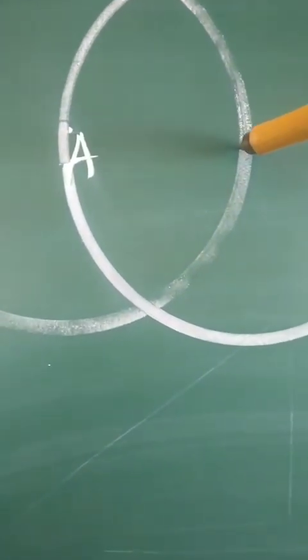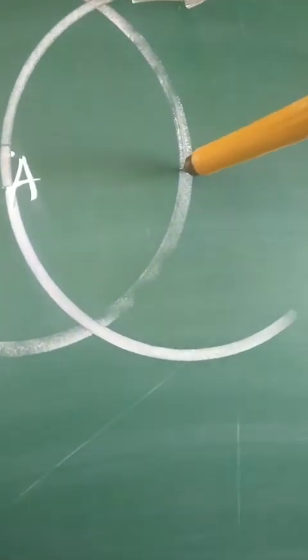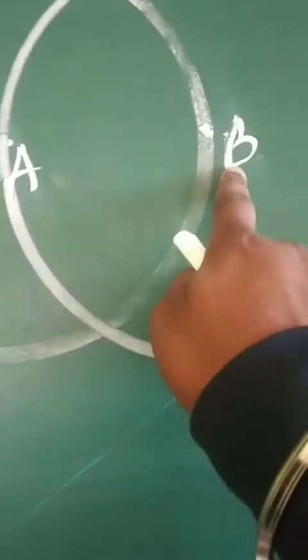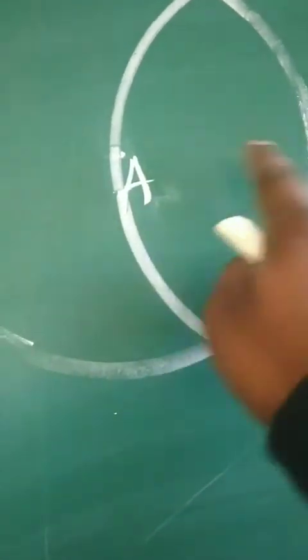And here the radius of these 2 circles are the same. So children, this is a point B. So points A and B are the centers of both the circles.